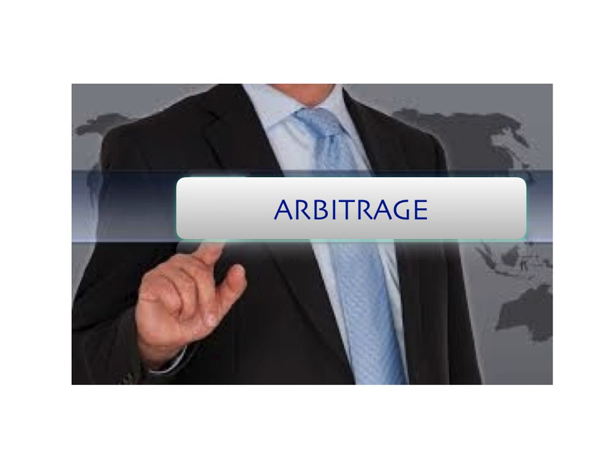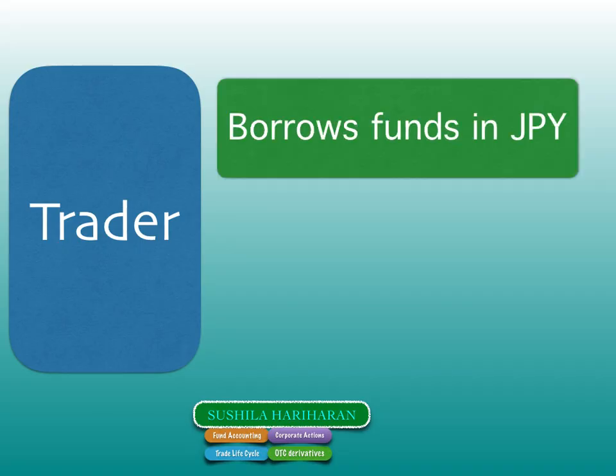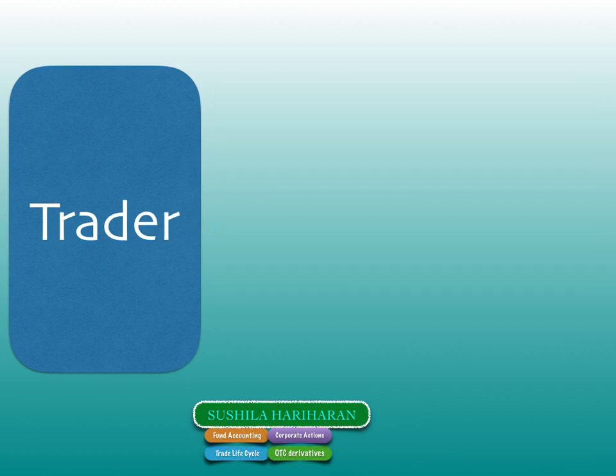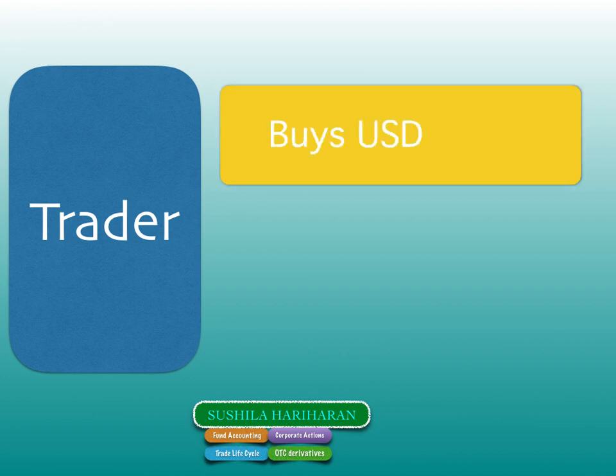The trader therefore decided to borrow funds in JPY and convert the JPY into USD. Make sense? Obviously, the Japanese yen interest rate is so low, it's less than 0.5% for 6 months. So they converted the JPY into USD. Now that the trader has all the USD, he has to deploy it in a market which will give him high interest rates.